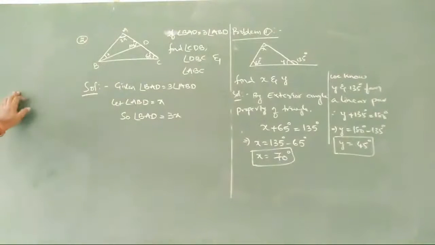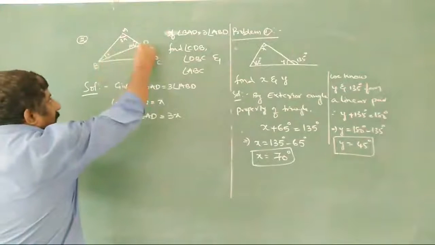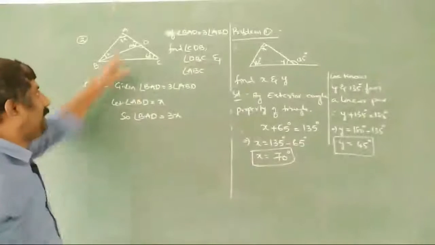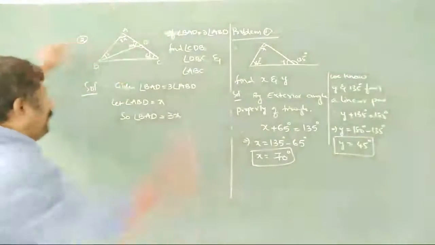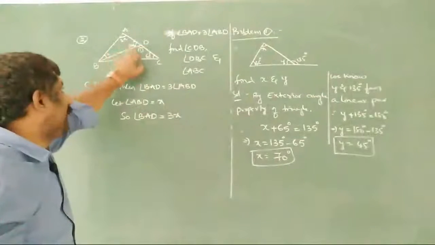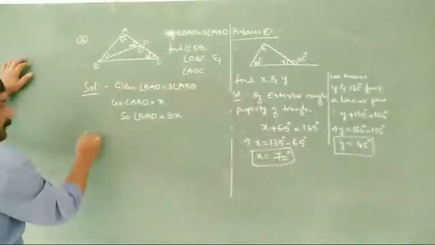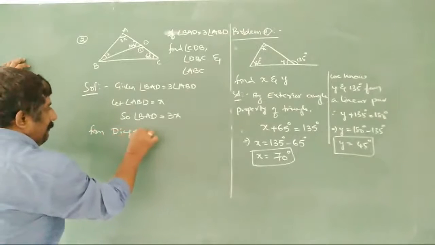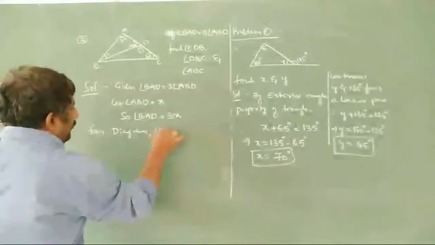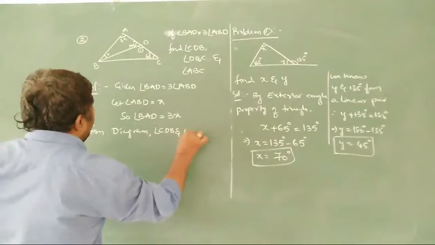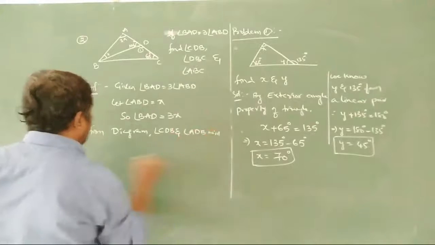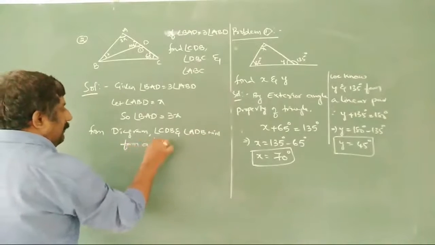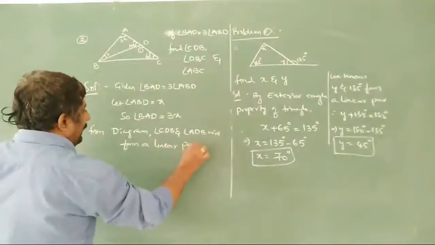Now what are we going to find? Angle CDB, this one we need here. Observe those two angles, angle 1 and 104, both are forming a linear pair. From the diagram, angle CDB and angle ADB will form a linear pair.